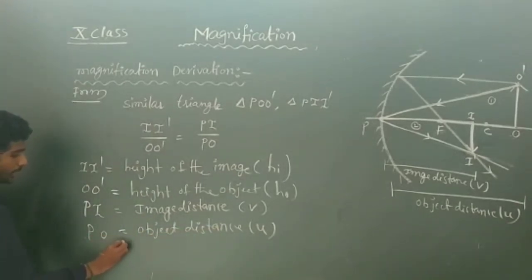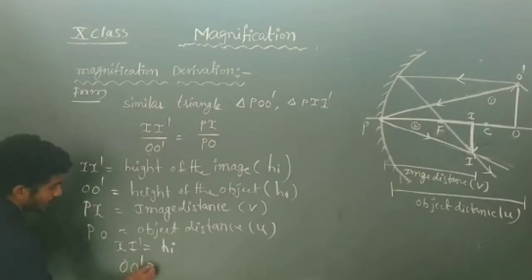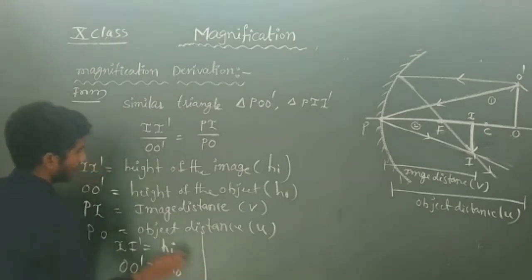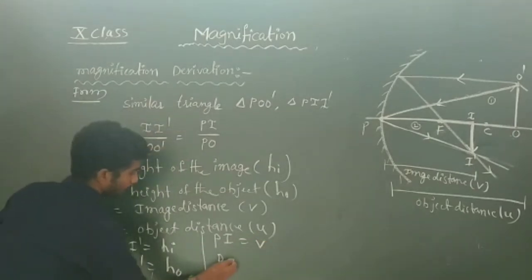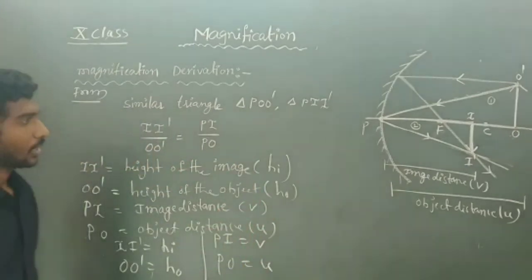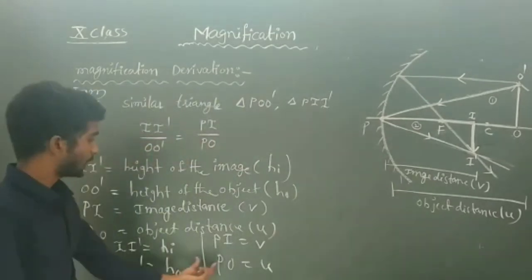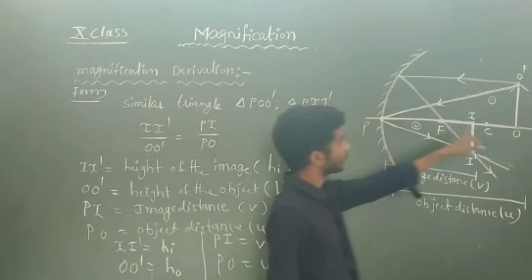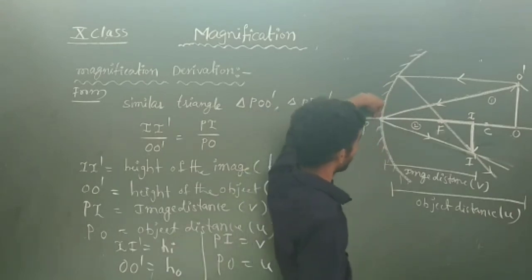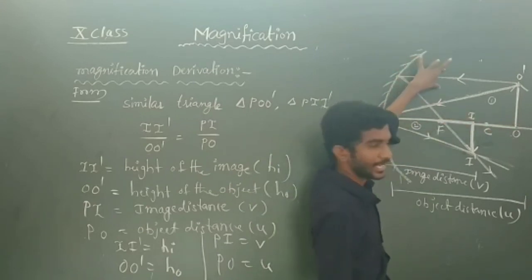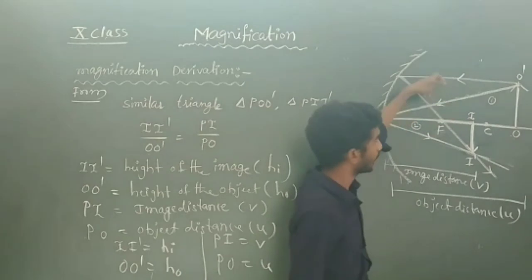So I dash is equal to H I, O dash is equal to H O, P I is equal to V, and P O is equal to U. According to sign convention rules in this diagram, the object distance PO is measured from the pole in the direction opposite to the incident ray, so we take it as negative.